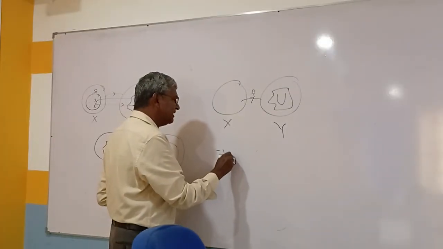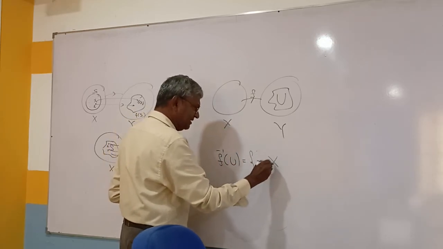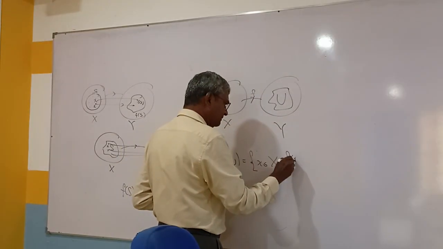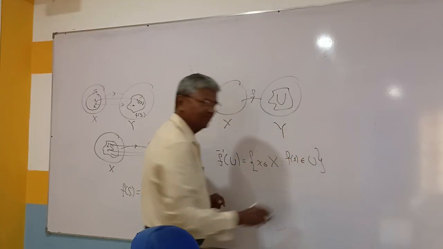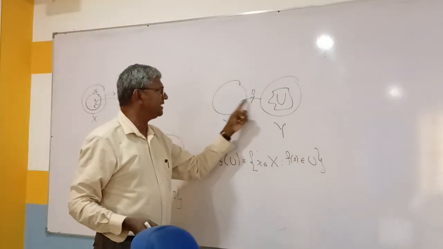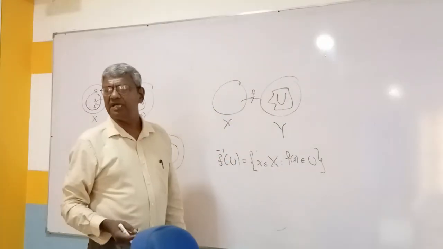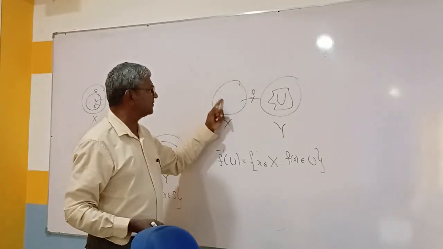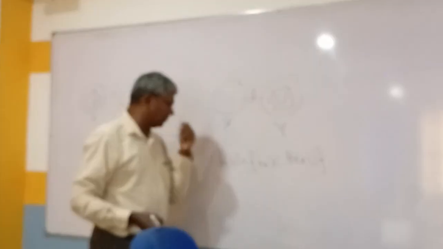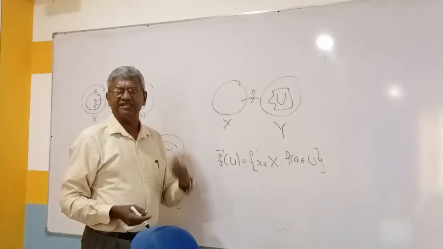f inverse U is the set of all x in X such that f(x) belongs to U, where U is a subset of Y. Some elements of capital X go to U under f. The images of some elements are in U. So this collection of all of them is called f inverse U. Just because I wrote f inverse here doesn't imply that f is 1 to 1.